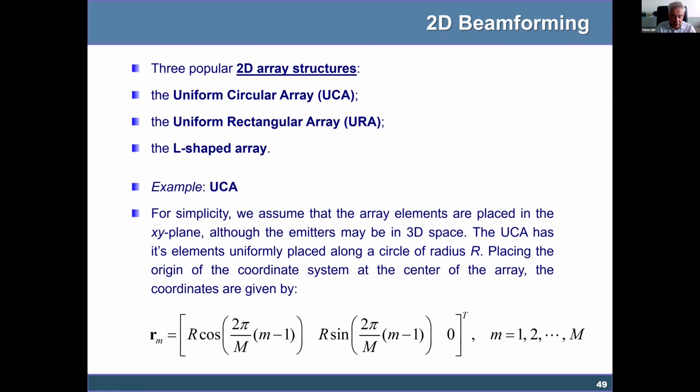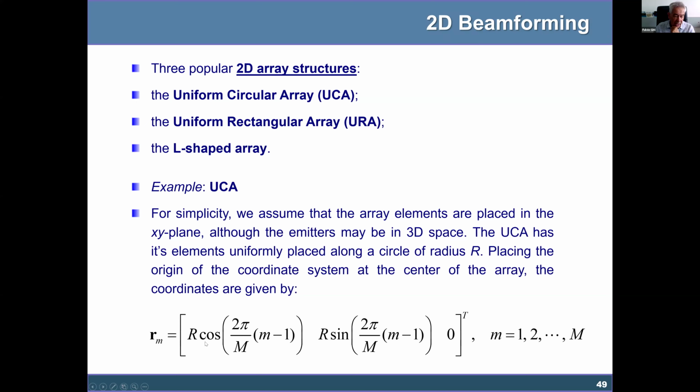So we have the array in the XY plane. So the normal to the array is the Z axis, and the position of the m-th element in the array can be written in this way.